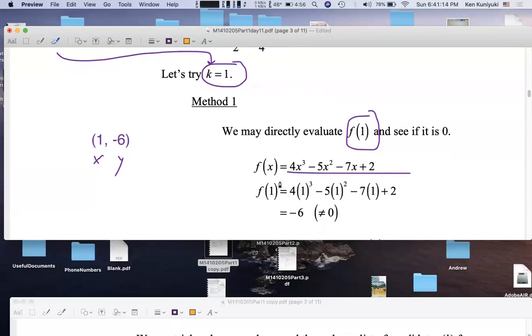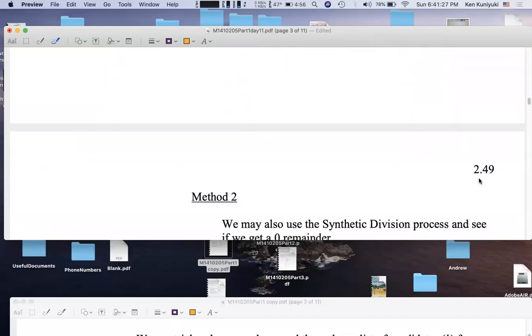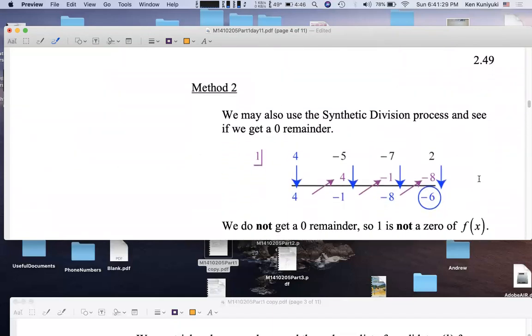Incidentally, in addition to direct evaluation, there's another way we could have evaluated this polynomial function. We could have used, from 2.3, synthetic division. Put k equals 1 in the dunk tank. List out the coefficients. Make sure you put zeros if there are any missing terms. And these are based on the descending powers order.